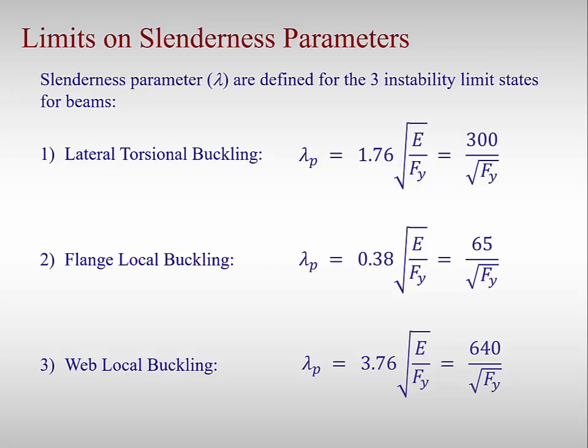For example, only half the web is stressed in compression in a beam, whereas the entire web in a column is stressed in compression. In a beam, the compression flange has the potential to reach a level of F sub y, whereas in columns the stress is reduced below F sub y to F sub critical. These slenderness limits are given in Table B3-1b.